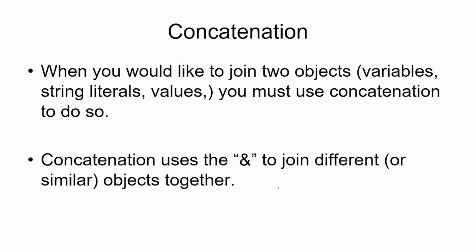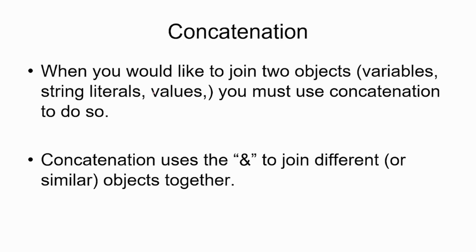Now, another concept that we have to know when we're looking at assignment statements and adding values to other objects is concatenation. Concatenation is a really complicated programming term that we use to basically mean to join two things together.